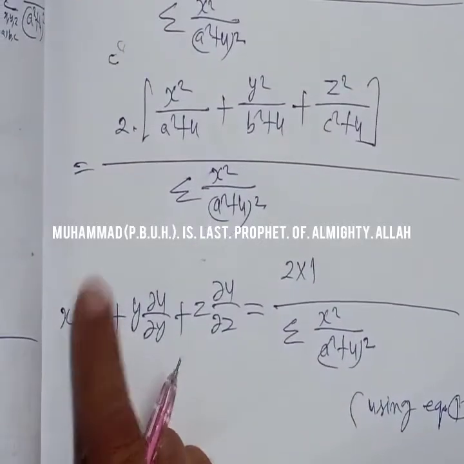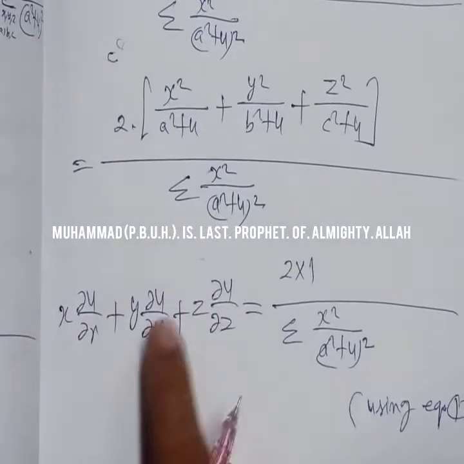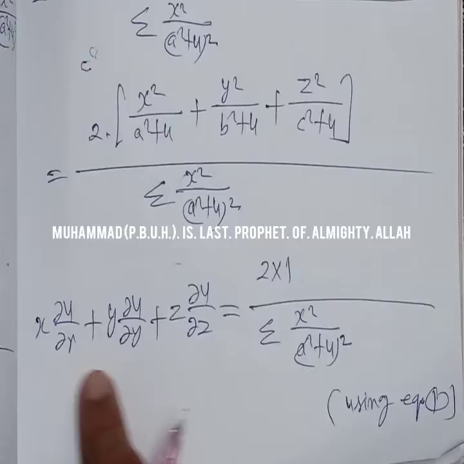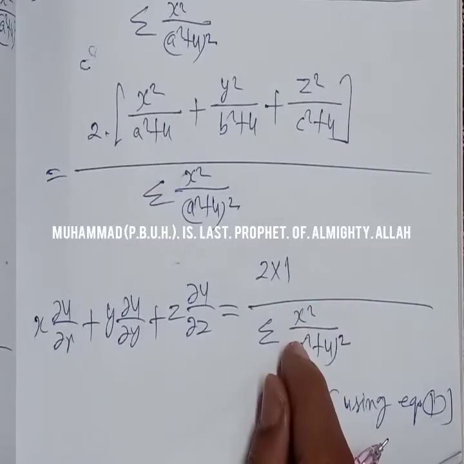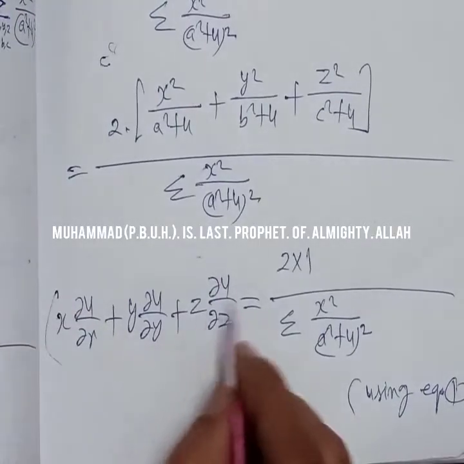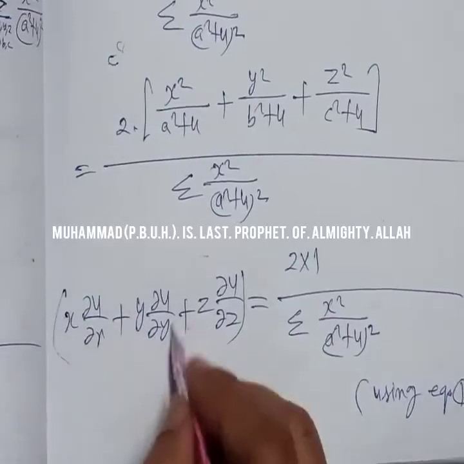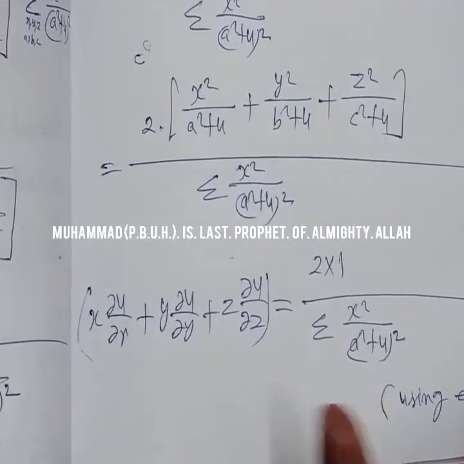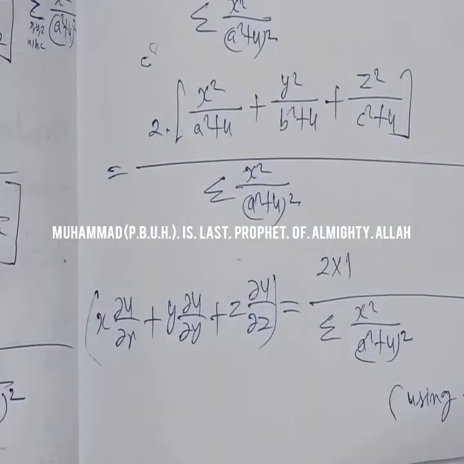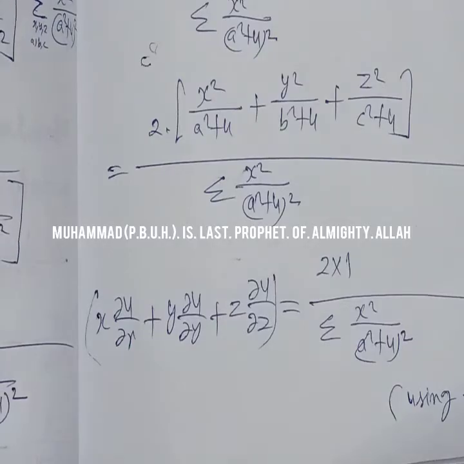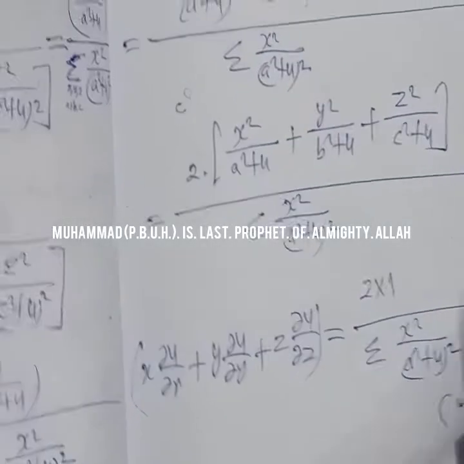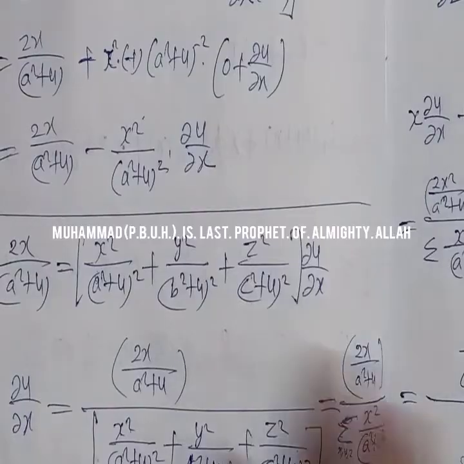So it is equivalent to the right hand side, only 2 we have to multiply here, which will come on the right hand side. 2 is a constant, so we will manage that first.